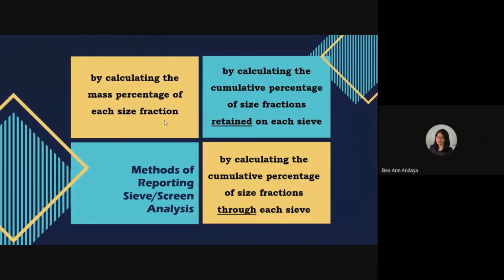Or we could also calculate the cumulative percentage of size fraction retained on each sieve. Kumbaga, ito yung mga oversize natin. And the last method in order to report the data from our screen analysis is by calculating the cumulative percentage of size fractions through each screen, or kumbaga yung mga undersize naman yan.